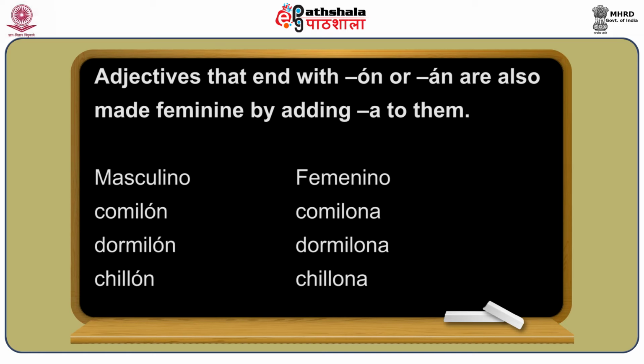So for example, comilón is glutton or big eater, and for feminine it is comilona. Same way, dormilón is sleepyhead, and for feminine it becomes dormilona. So we just add a to the adjective. Same way, chillón means screamer, and the feminine will be chillona.